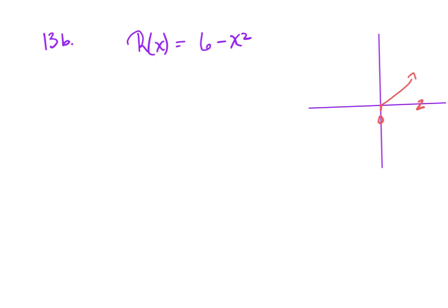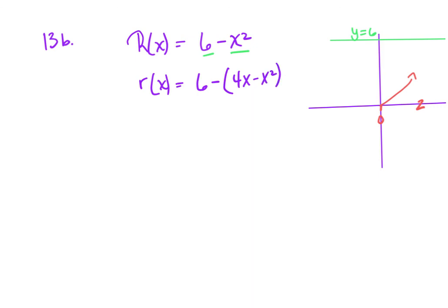And that would mean that it would be farther away from the line y equals 6, which is what we're revolving around. And so we would take the 6 minus the x squared to get the outer radius. And the inner radius is actually going to be our 4x minus x squared. So we would say 6 minus 4x minus x squared for our inner radius.